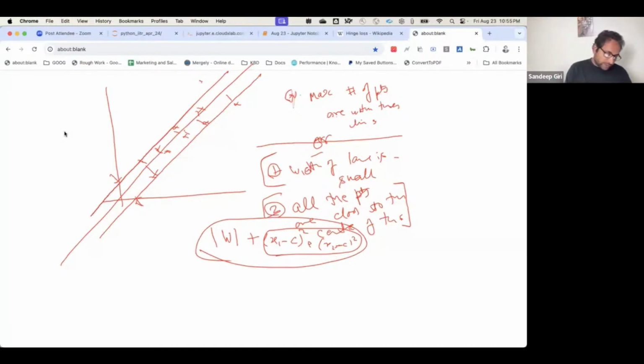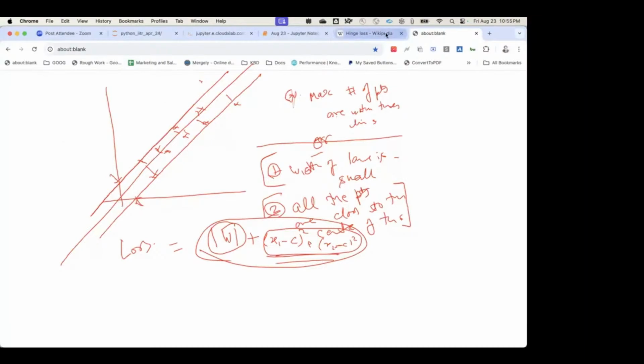We want this to be smallest, and we want this to be smallest, so this becomes our loss function. So it'll be tweak the slope of the lines and tweak the width of the lane as much as possible, such that maximum points are lying within these two lines. Got it? So this is a custom loss function. We call that SVM loss, or hinge loss.